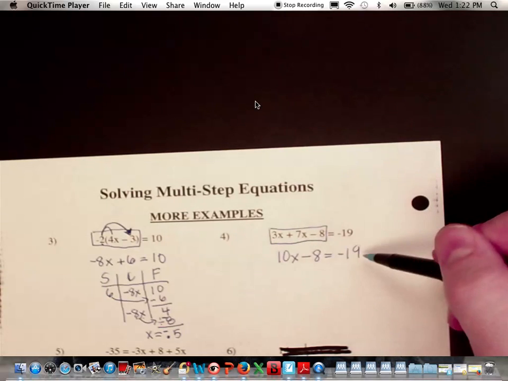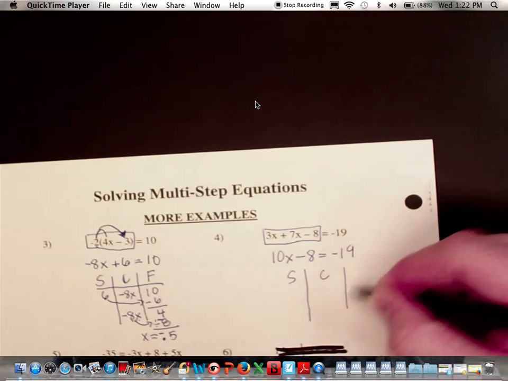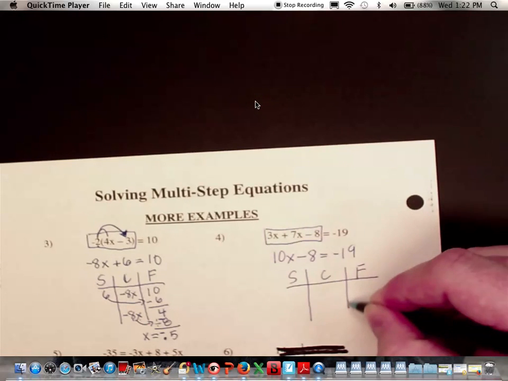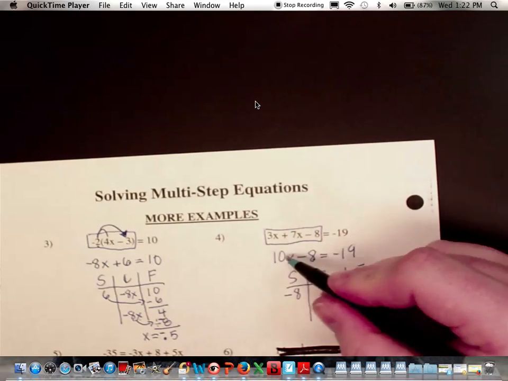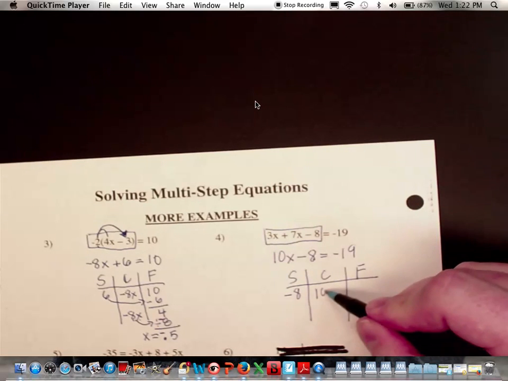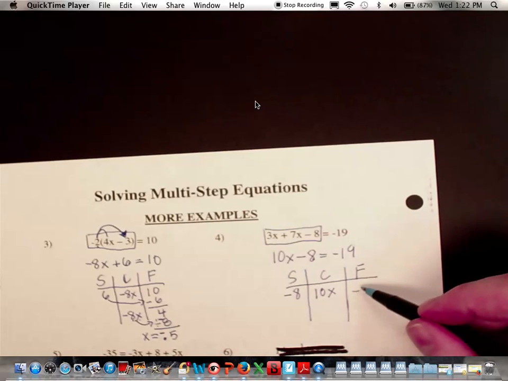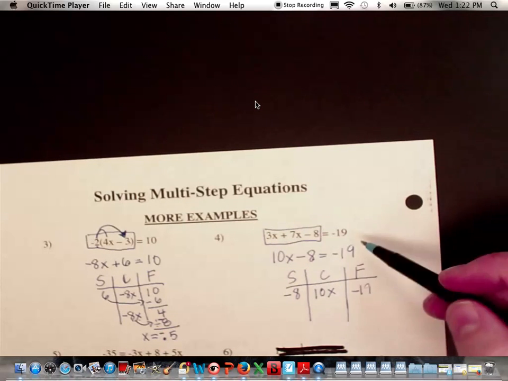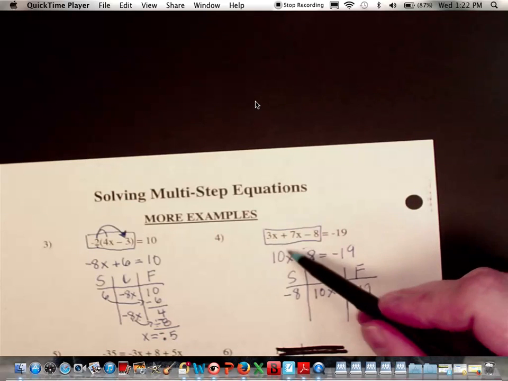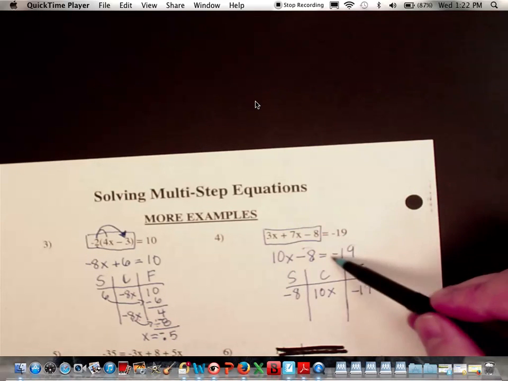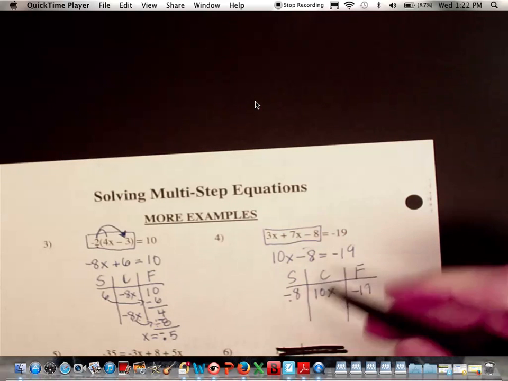Now this is a two-step problem that I can solve using my organizer. Start, change, and finish. I've got my start to be negative 8. My change is 10x. And my finish is negative 19. I do the opposite of a minus, which is a plus 8.